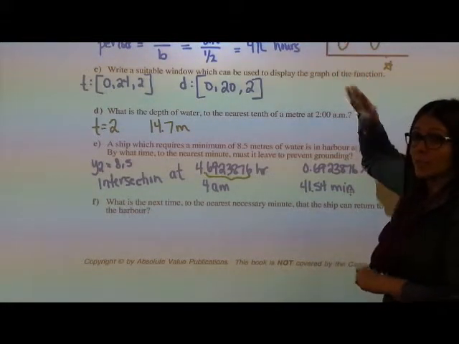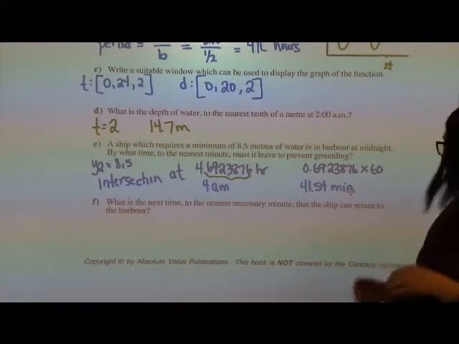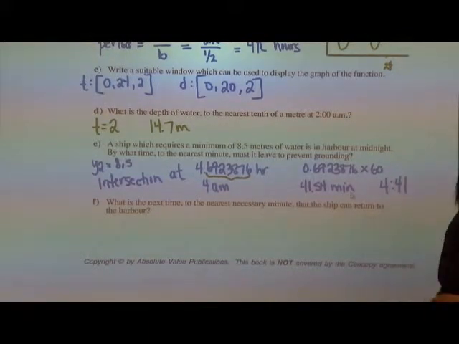At 42 minutes, the water level will be slightly less by 8.5. In reality, I probably wouldn't cut it that close, but if I had to, I would have to leave at 4:41, not 4:42.